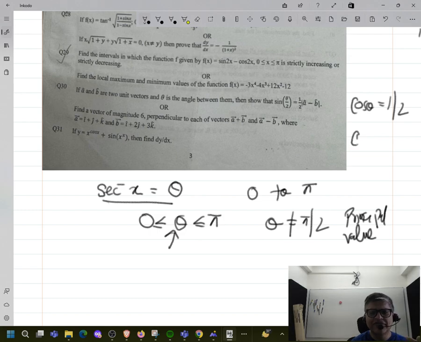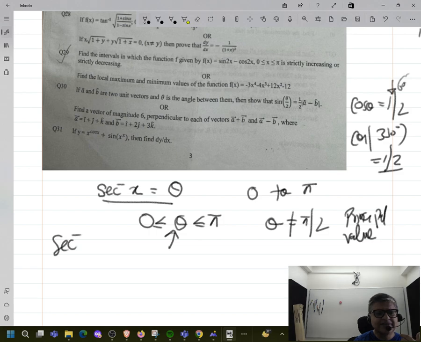So cos of fourth quadrant, right? So you could have an angle like, where is this? This is at 60 degrees. So if you have 330 degrees, the value will repeat. So secant inverse x may have a value that first repeats between 0 to pi, and then it repeats.